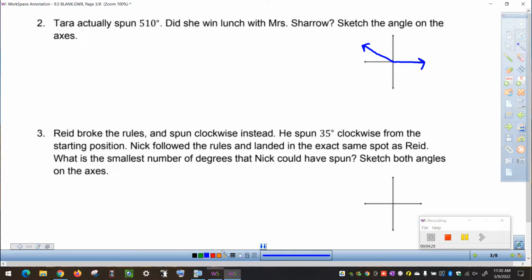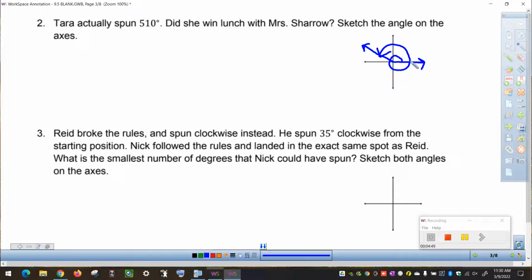That arrow is also going to show us not only the direction that we're rotating, but how many times we've had to rotate around. So because Tara had to go one full time around and then a little extra, it actually is going to look like kind of this spiral looking shape. So we follow the full path of that little line there.